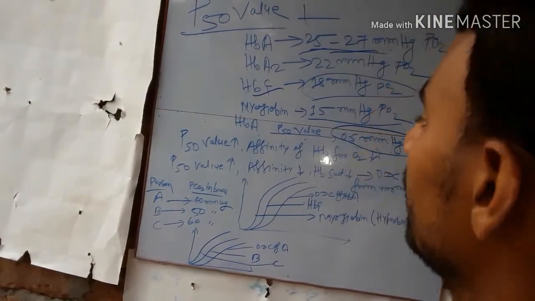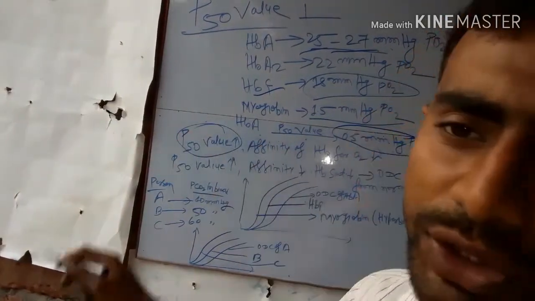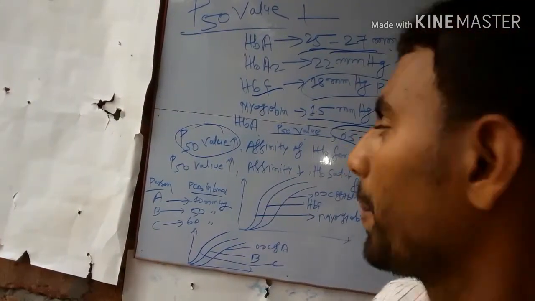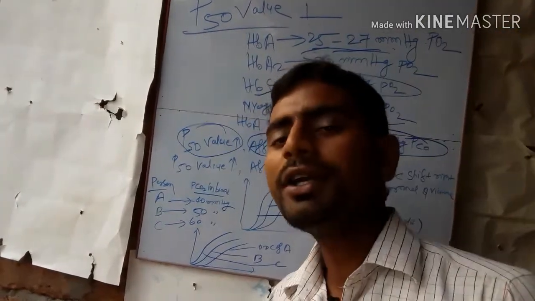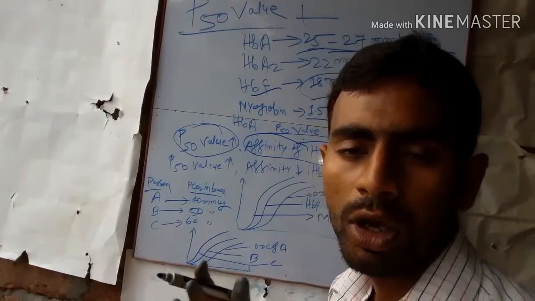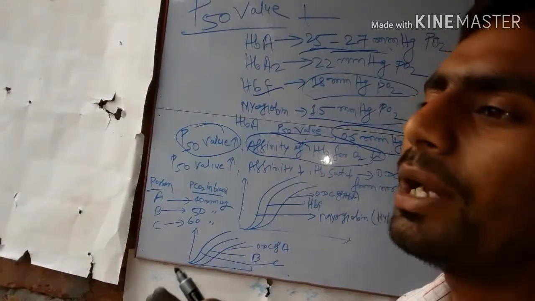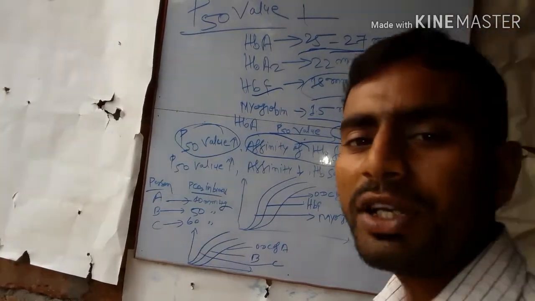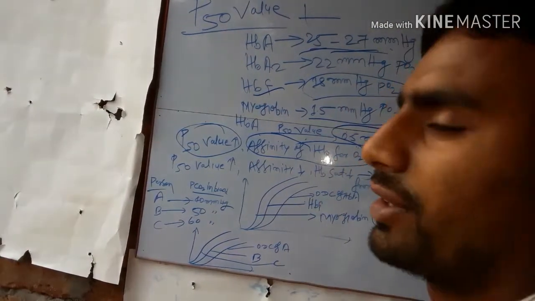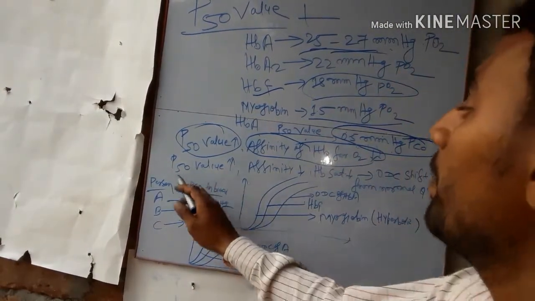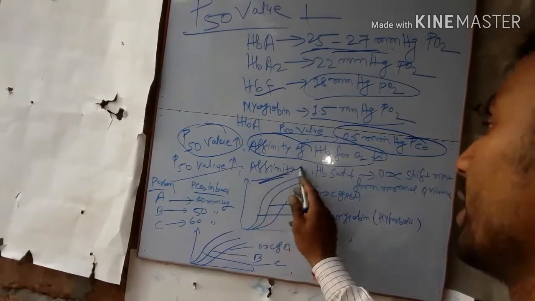Okay, the next point is: when the P50 value increases, the affinity of hemoglobin for O2 decreases. P50 value increases, this means the affinity of hemoglobin for O2 decreases.